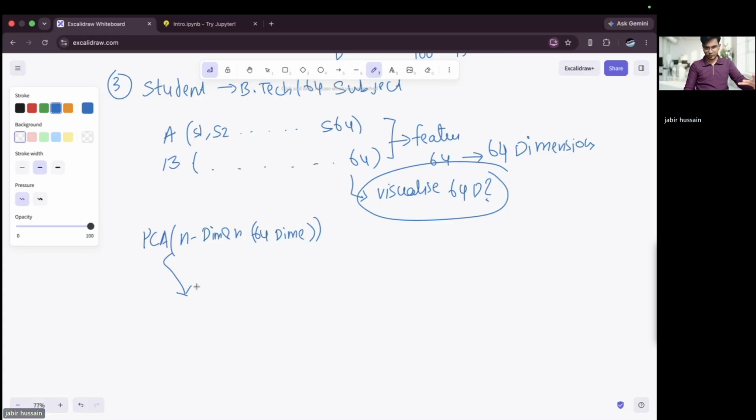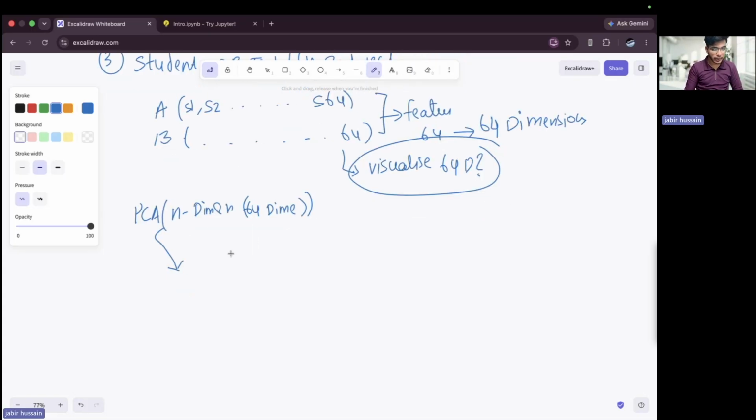We'll take only the useful information and plot lines, and whatever lines we plot will show the same pattern as compared to the 64 dimensional space.